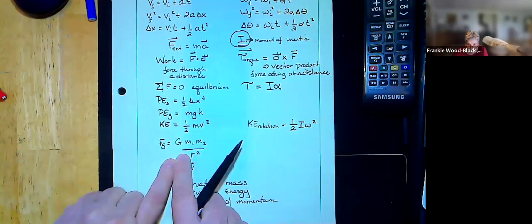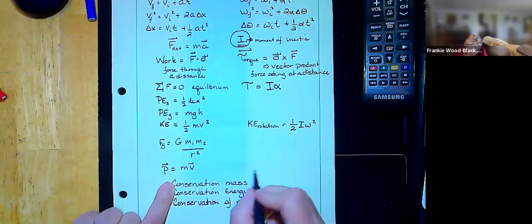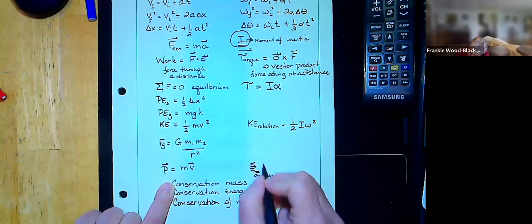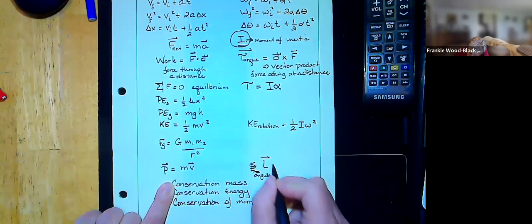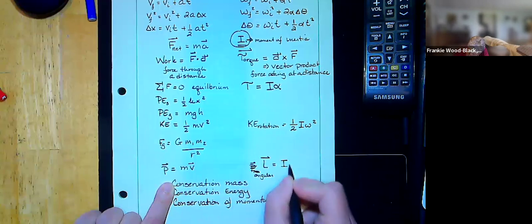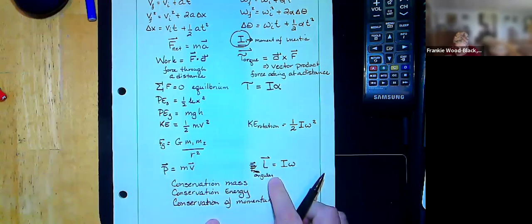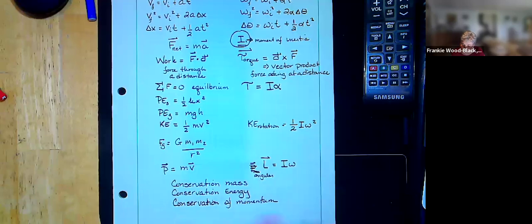We don't really have anything related to this, but I do have angular momentum. And we don't call it P, we actually call it L. And that is I omega. So we get that I omega, and we still have our conservation of momentum.